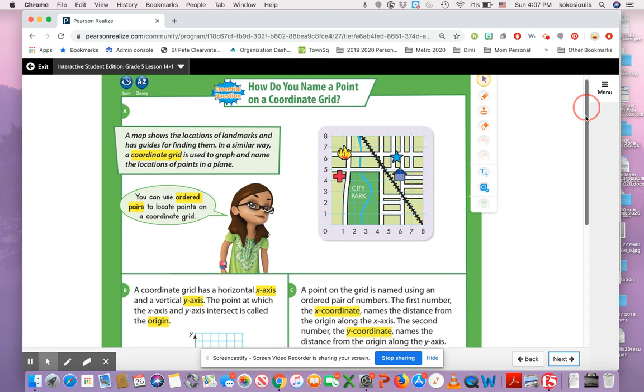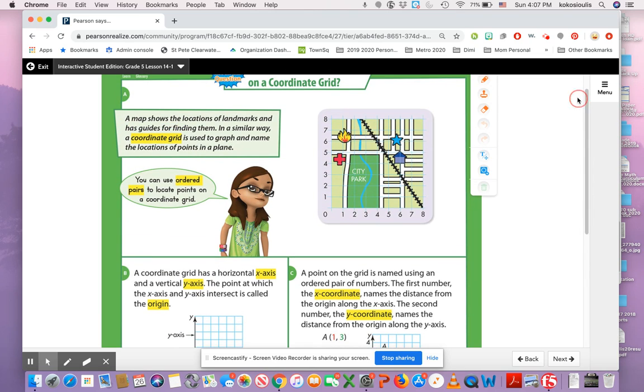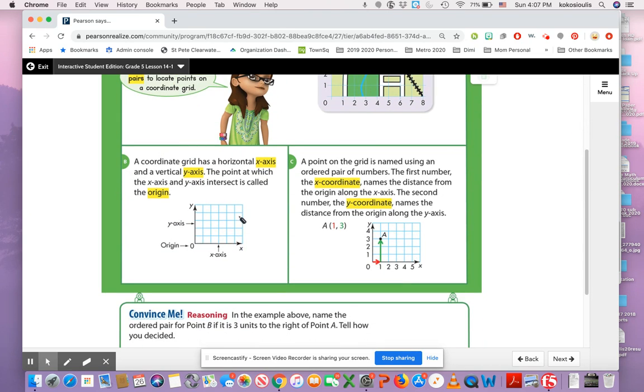Let's go on and understand a couple of things. The first important thing you need to know about a coordinate grid is there are two axes. This side right here is the x-axis, and this side is called the y-axis. Right where they meet is the origin, or zero.